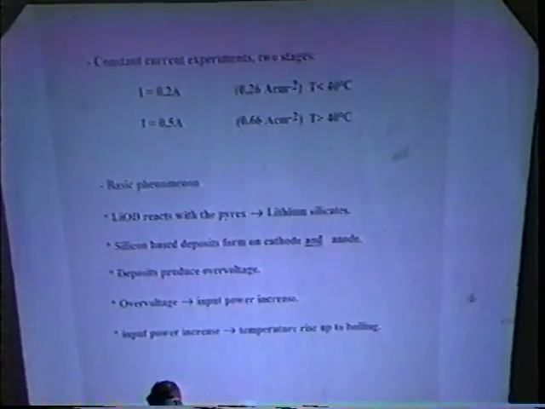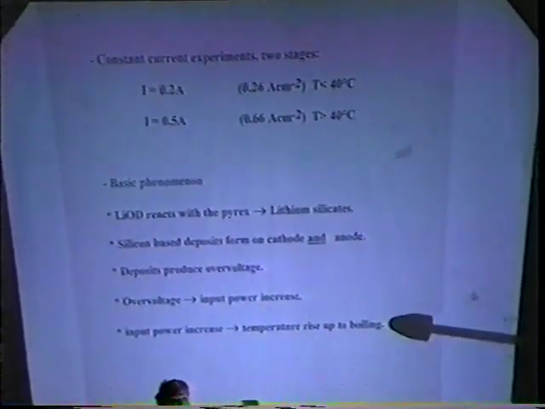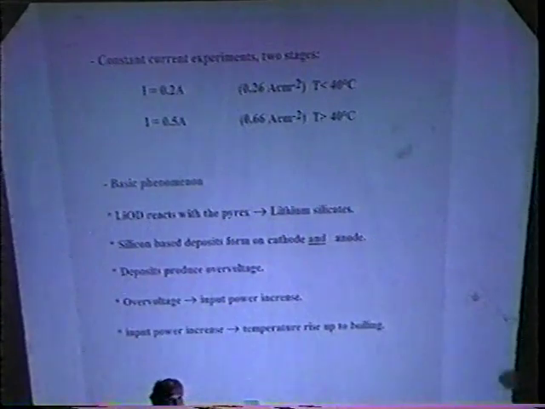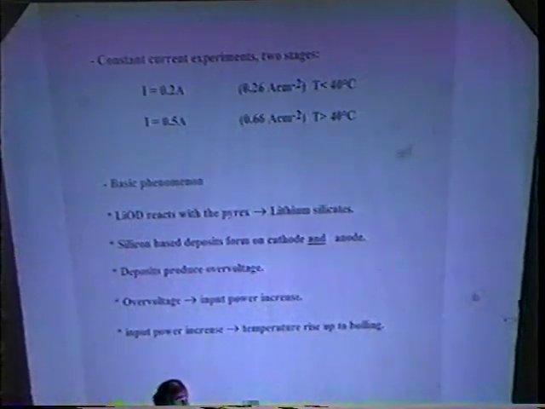The input power increase makes the temperature rise, so it rises up to boiling. So we can get boiling with platinum, but it doesn't prove that there is excess heat with that. You can get boiling just like any heater. So if there is an excess heat, it is due to something else than this effect. This is true for platinum and for palladium.